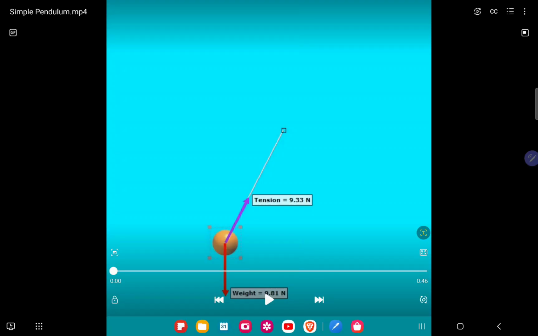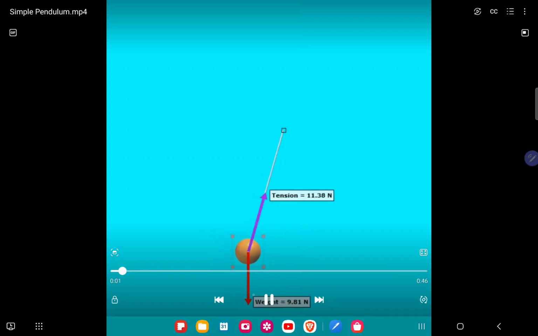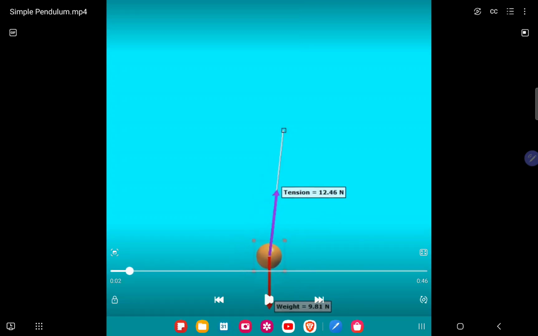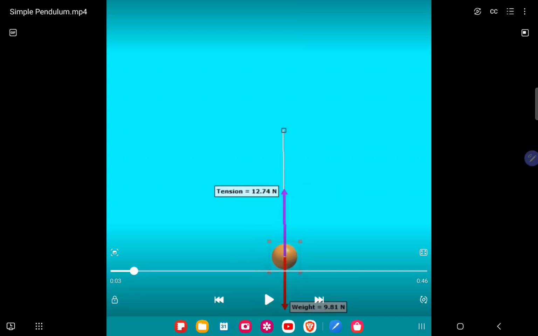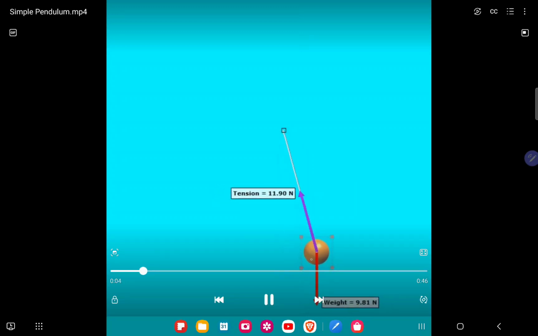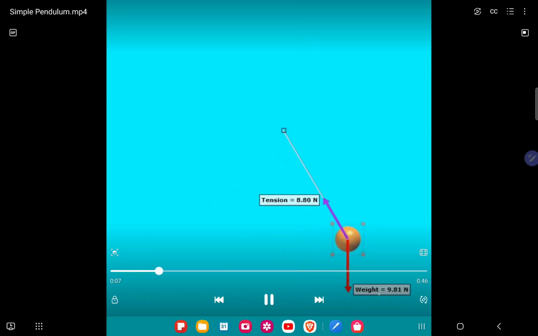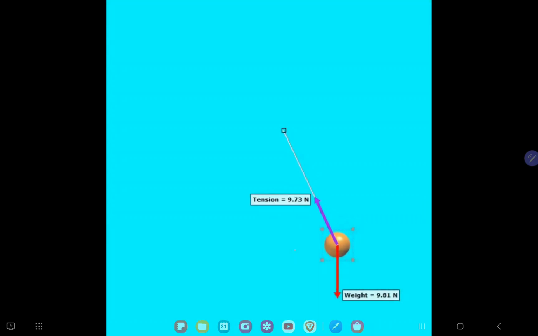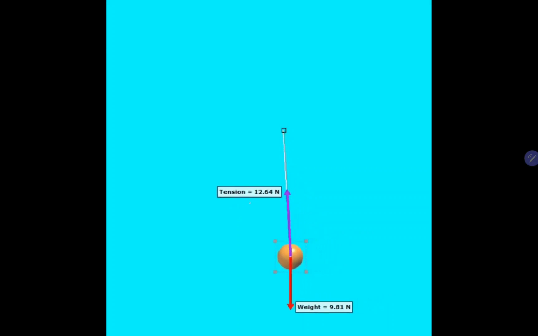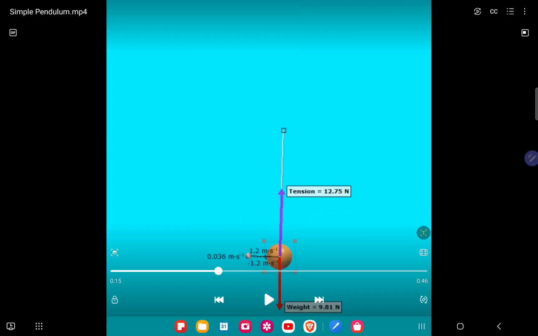Now, like the case mentioned in the example, we have a swing, and this object is connected with a string. So this is the string. At the bottom, this object is swinging back and forth. As we can see, the weight of the object is constant and the speed of the object is changing, and the tension actually is changing.